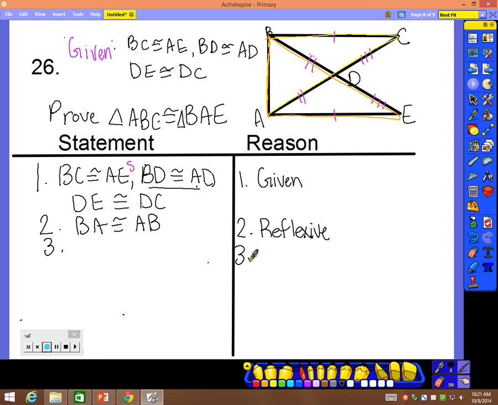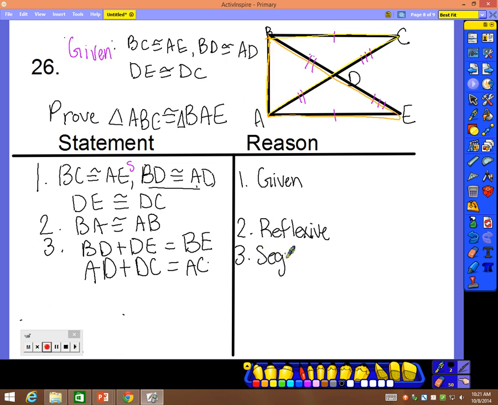But what I do know, because of the rule of segment addition, is that BD plus DE, the measure of them, is equal to BE. And I know that AD plus DC is equal to AC. And that's just called segment addition. And I need to do that because I'm going to do some substitution so I can do some transitive work to prove two things are equal.